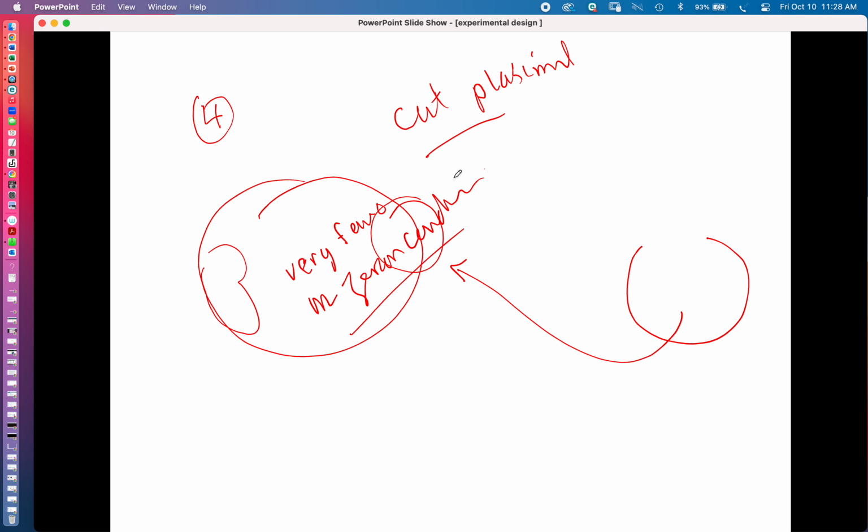Okay, and just to mention, this is going to be cut plasmid, and remember, we're going to glue it back together. And when we glue it back together, we don't want this to just glue back together. We want to glue it back together only if it has an insert, only if it has that foreign DNA, that human insert. So when we cut it, we can cut it with, I'm going to make these different sizes, because there are enzymes that cut the DNA, and they cut it at different sites.